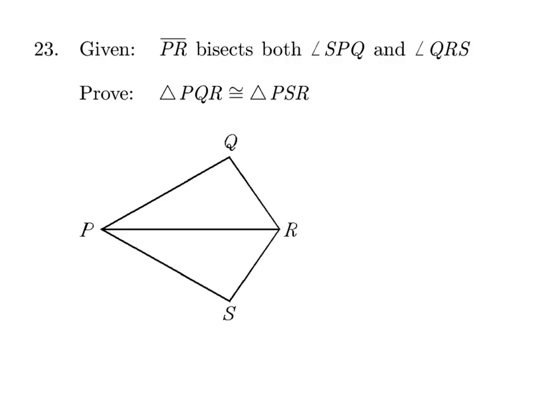Next problem. PR bisects both angle SPQ and QRS. Bisects SPQ, so I know those are the same. And it also bisects QRS, so I know these are the same. I think I'll write out my columns here.